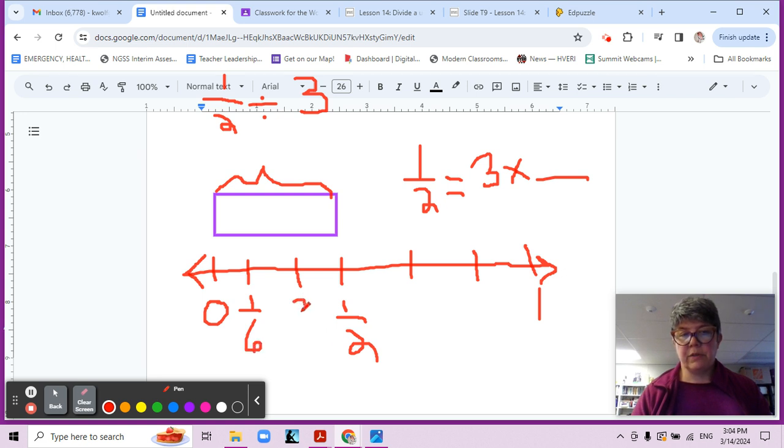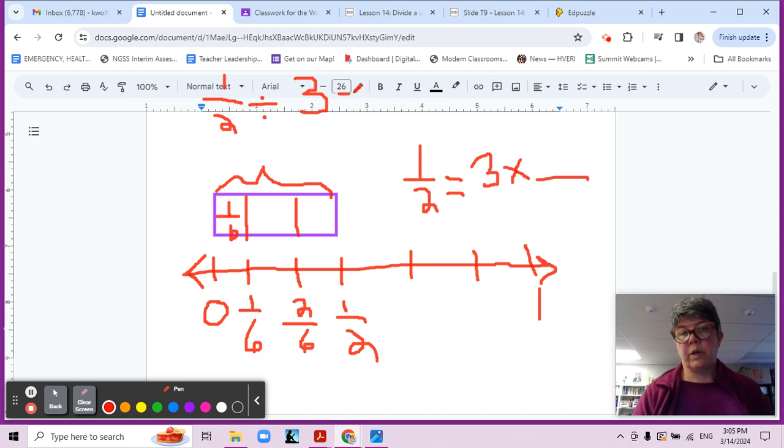And this would be 2/6. And 1/2 is the same as 3/6. So if we break our tape diagram into 3 parts, we can see that our first part would be 1/6, right? So 3 parts, each would be 1/6.